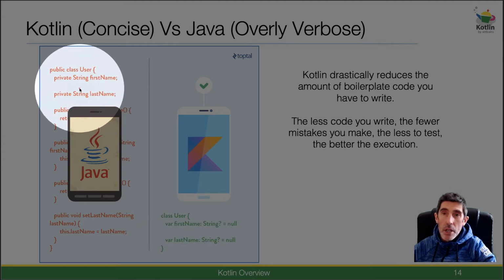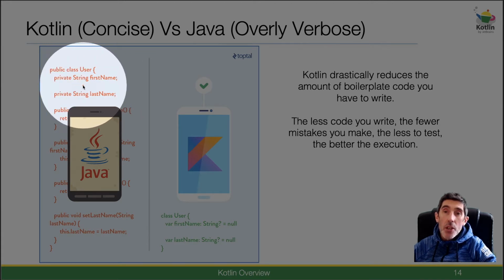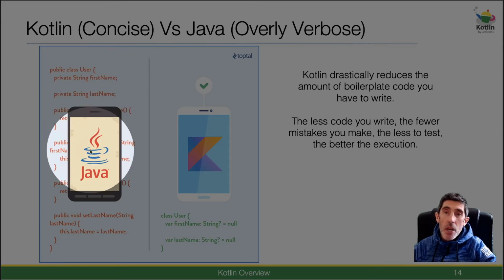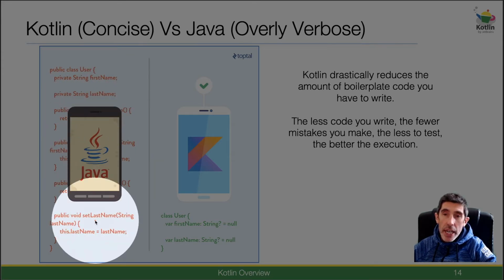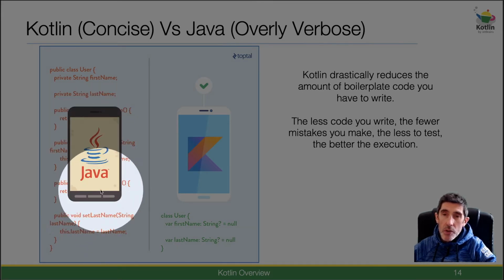In Java, for argument's sake, a simple example, a class User. If you remember, the default access modifier in Java is private, which means if you have our two fields here, first name and last name, we would have all our setters and getters to be able to retrieve and set those fields and so on and so forth.